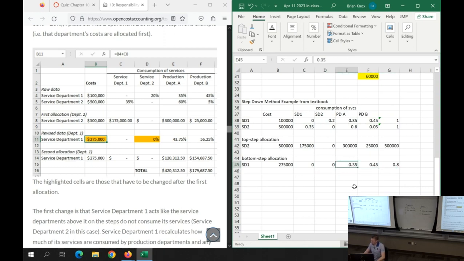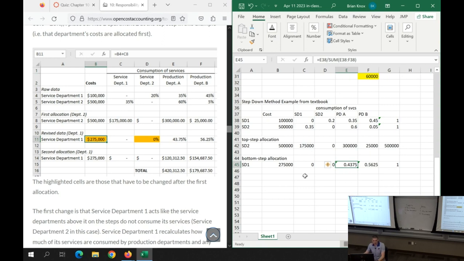And we have to do the same thing we did with the direct method and say, well, we've got to figure out, of the work that counts, which is now just these 2 production departments, what percent is our work for production department A, and of the work that counts, what percent is our work for production department B. Okay, in short, we end up with the same percentages because we're doing the same thing as in the direct method.